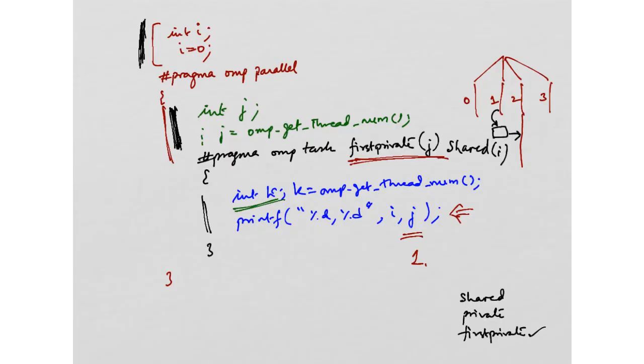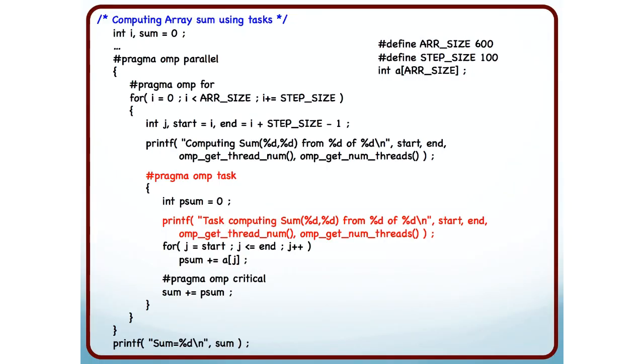Okay. So let's go back. We actually already did this, without explicitly mentioning it. But if you see this code, right, sum plus equal to psum. So we accessed sum. Sum was actually a global variable declared outside the parallel region, right? So I was actually accessing the same copy of sum every time.